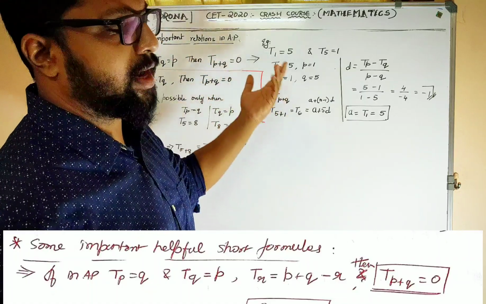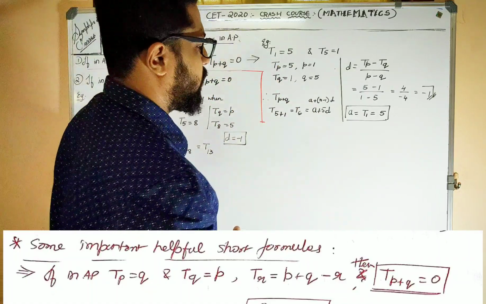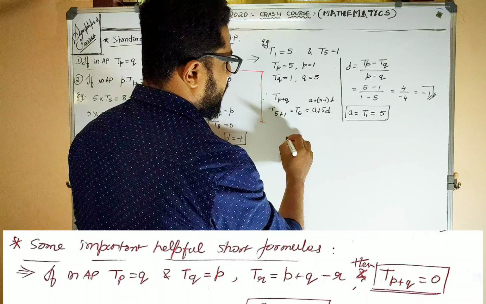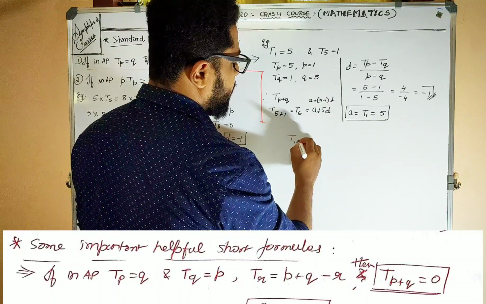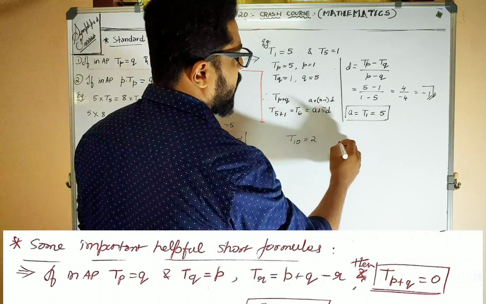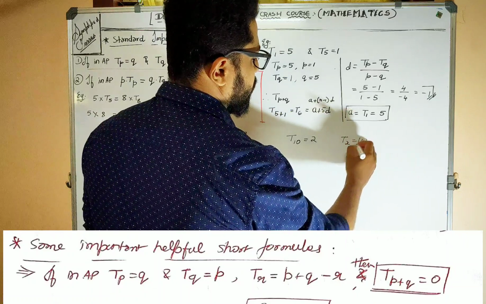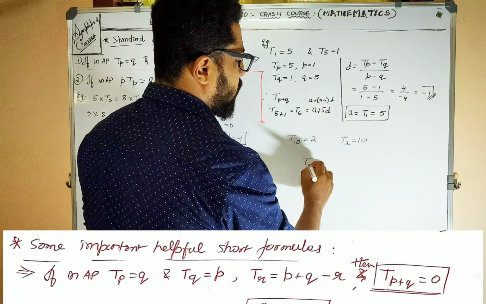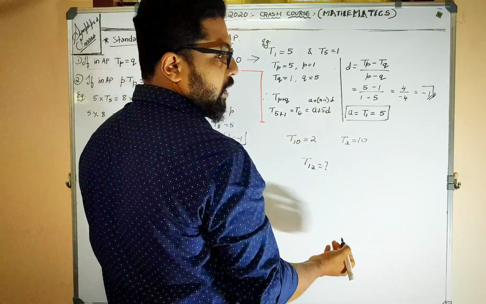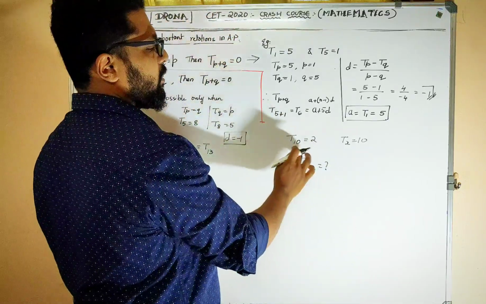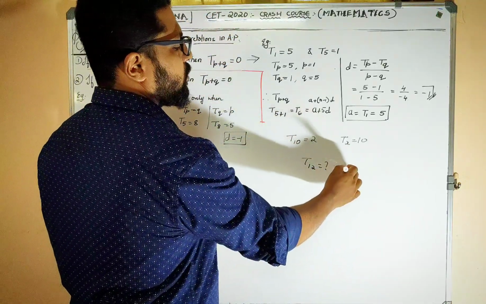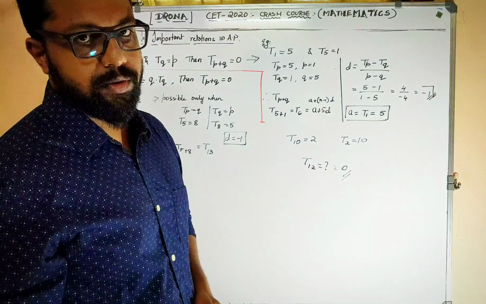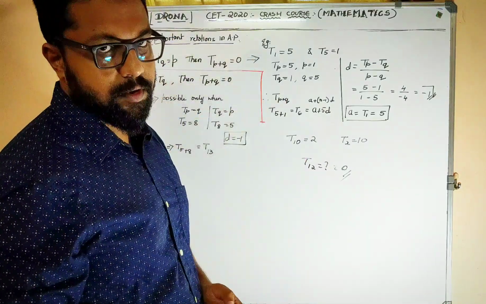If a question says the 10th term is equal to 2 and the second term is equal to 10, and they ask what is the 12th term, without even thinking I can tell 10 plus 2 is 12, so the 12th term is equal to 0. That is how useful this formula is.